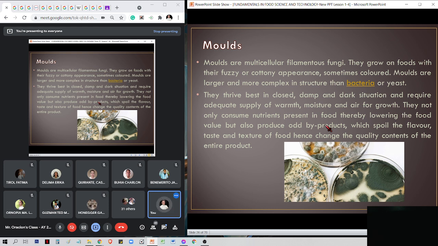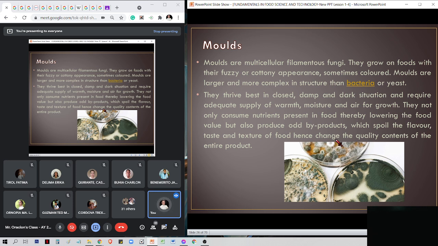They not only consume nutrients present in food, thereby lowering the food value, but also produce odd byproducts which spoil the flavor, taste, and texture of the food, hence changing the quality of the entire product.